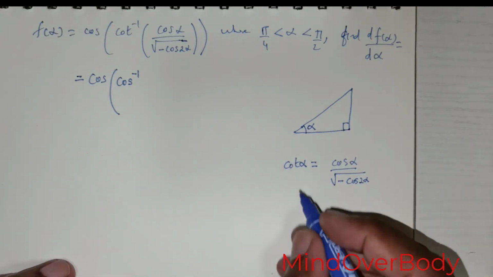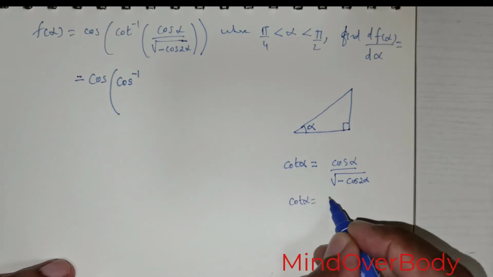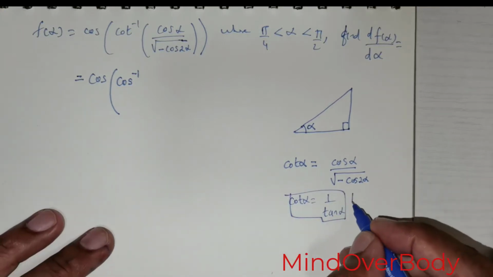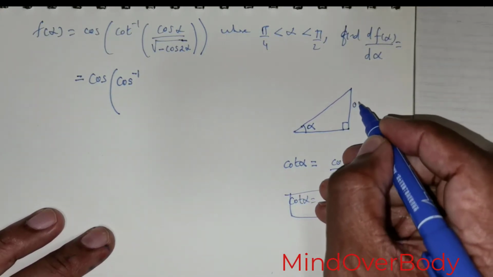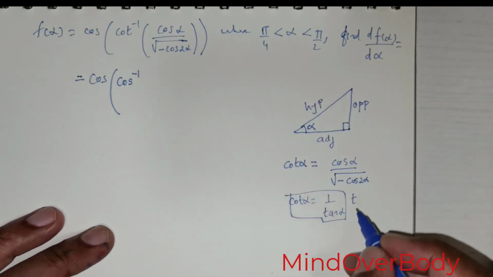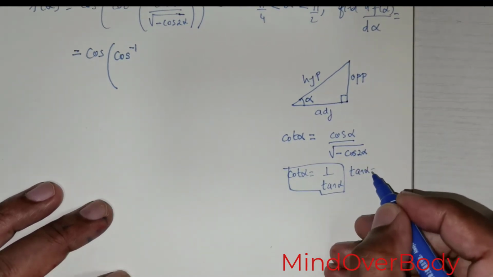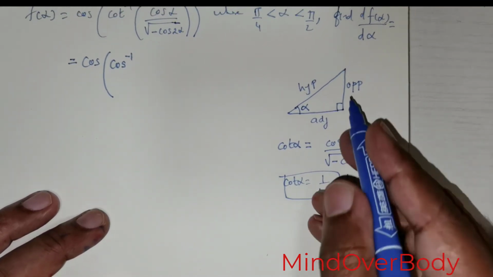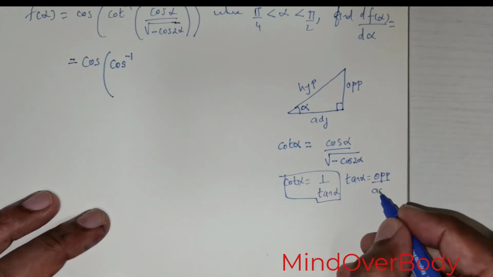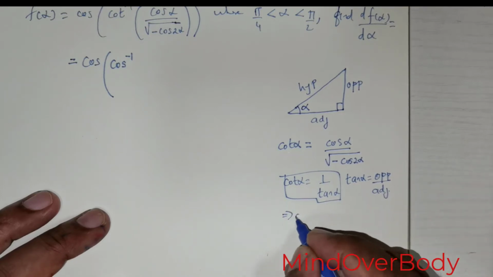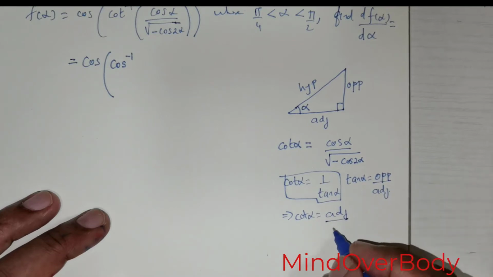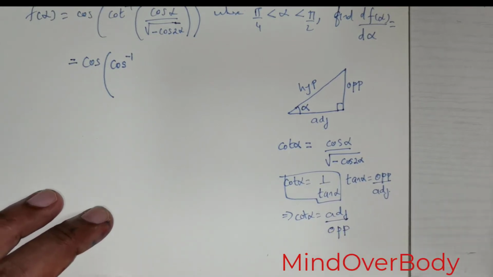So cot is actually 1 over tan, right? Cot alpha is 1 over tan alpha, and we know that if this is the opposite side, this is the adjacent side, this is the hypotenuse, then tan alpha is going to be opposite side divided by adjacent side, and this would mean my cot alpha will be the reciprocal, adjacent side by opposite side.